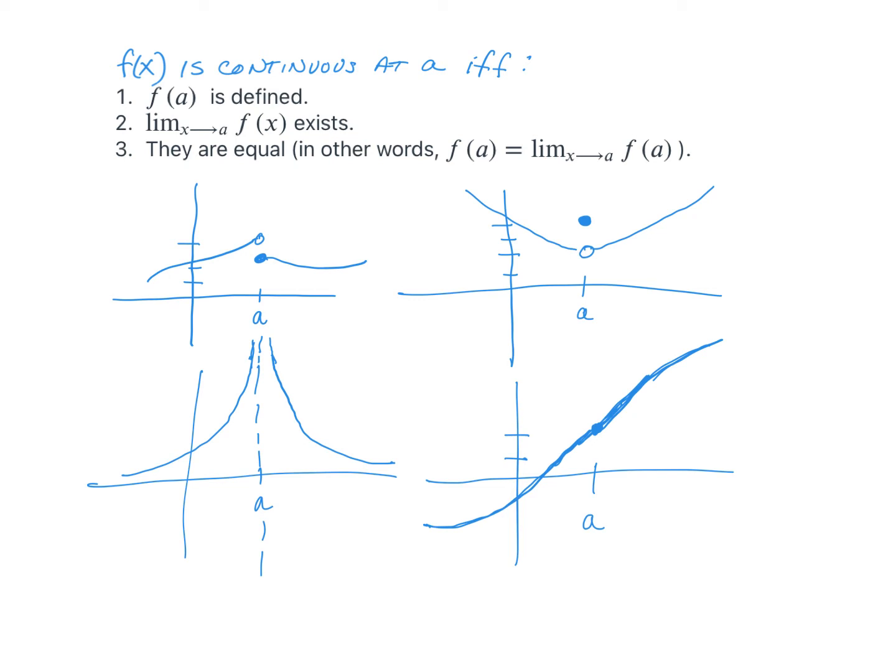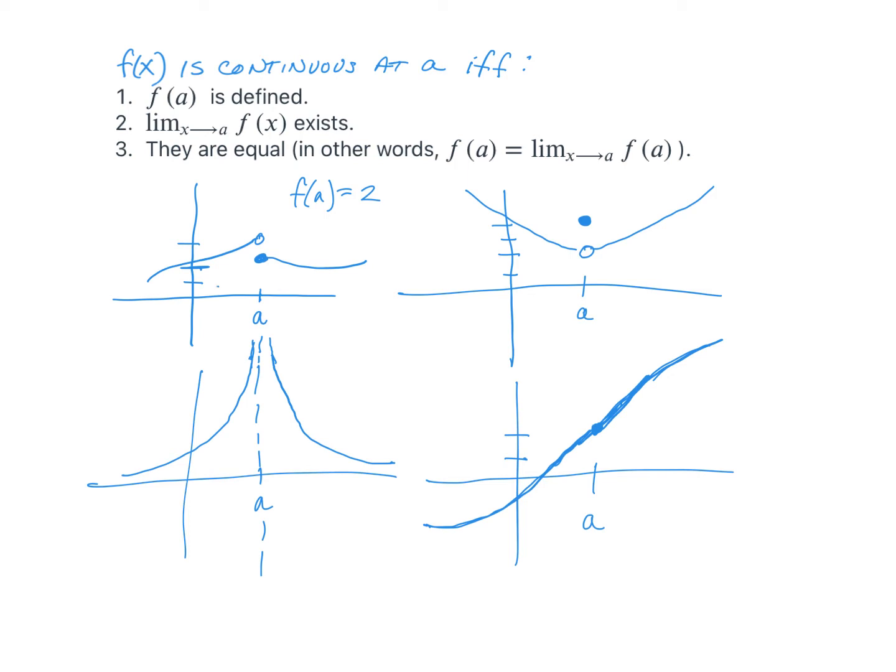In this first scenario, we see that f of A is defined. I'm looking at these three criteria for each of these graphs. In this first one, the actual value at A looks about like 2, so f of A is equal to 2. Now we're looking at the limit as x approaches A of f of x. Remember, we have to consider what the graph is approaching from both sides.